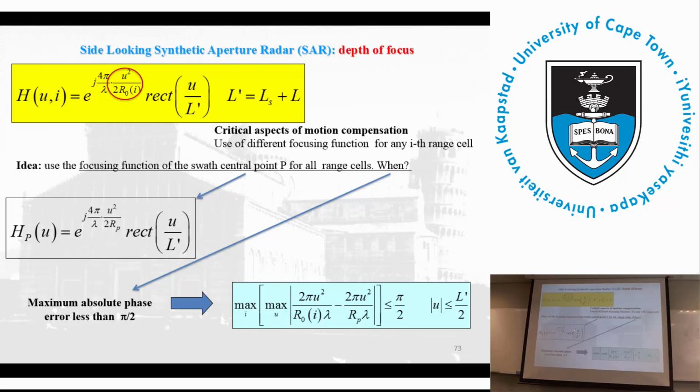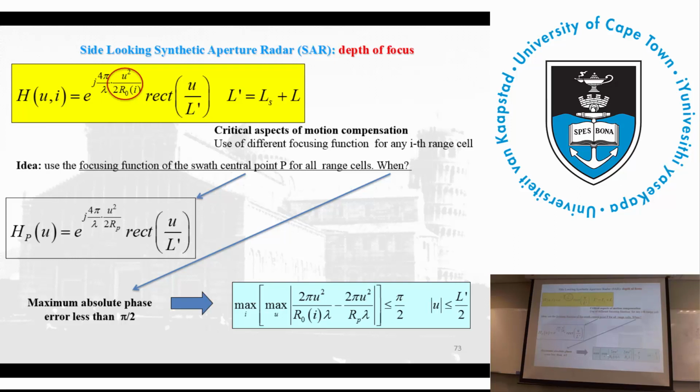So if I do that, I choose a point P, maybe in the middle of the scene, and I compensate with this term here. Now, how am I going to say if things work or not? Well, that will depend on how accurate this phase term is when you match it with the real phase term.